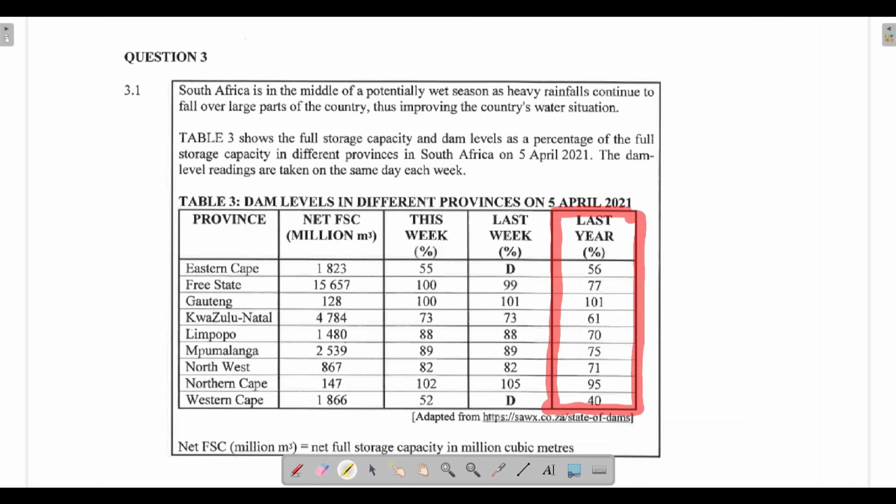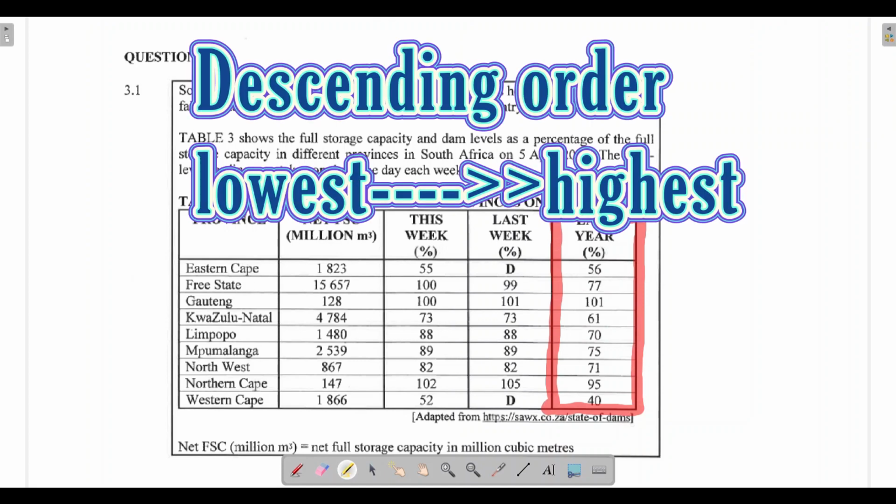So how do we do this, right? A way in which you can arrange your data so that you're able to determine which value is the third lowest is to arrange this data in descending order, right? You don't really have to write down all these values.